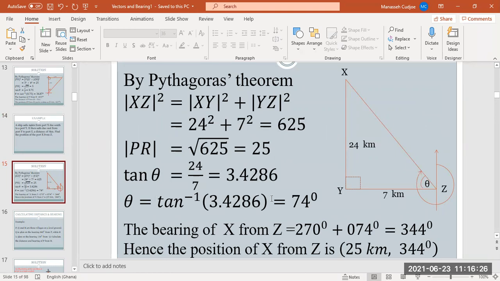After working through this, you get 74, and bearing is from north, clockwise, so it will be 270 plus this angle, which gives us 344 degrees. So the position is 24 kilometers on a bearing of 344 degrees.